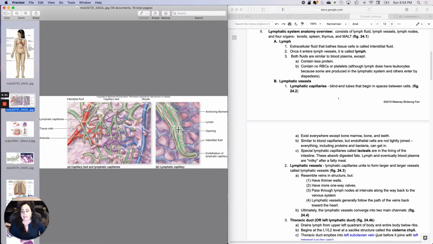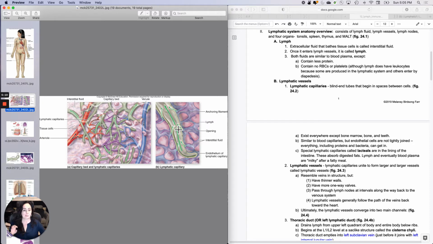So they exist pretty much everywhere except bone marrow, bone, teeth. They're really similar to a blood capillary made of simple squamous epithelium, but the endothelial cells are not tightly joined together. They've got big open spaces in them. So they really pick up everything, including big proteins, including bacteria, pathogens, all kinds of stuff. They will get picked up into there.